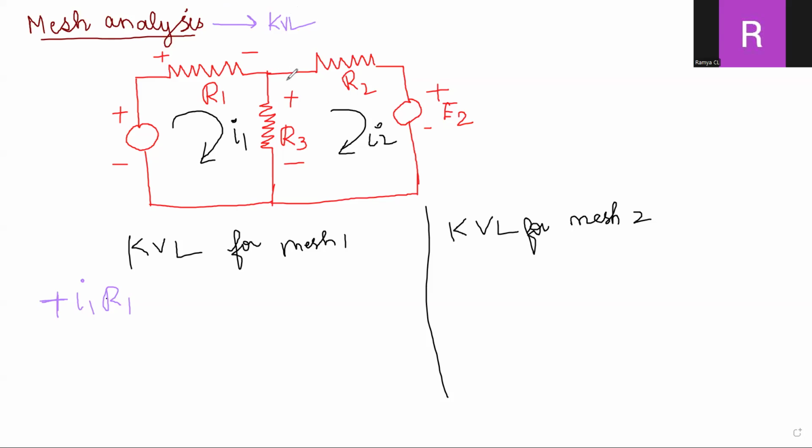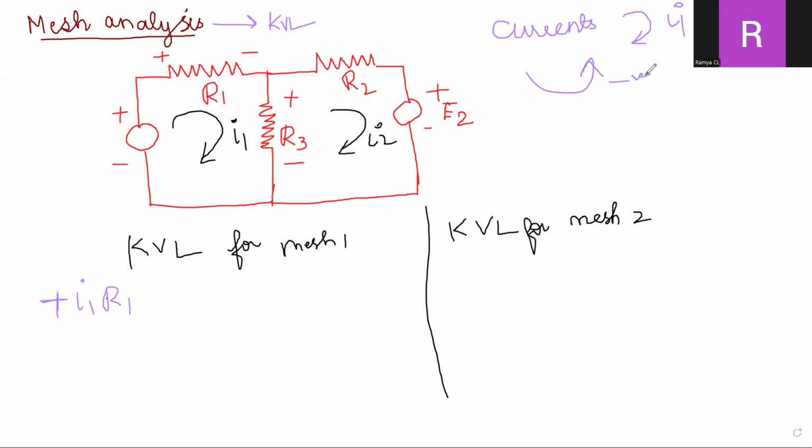They will be giving you a circuit like this. You need to take the currents in one direction. If you take it as clockwise, then it is called positive. If you take it anti-clockwise, then it is negative.